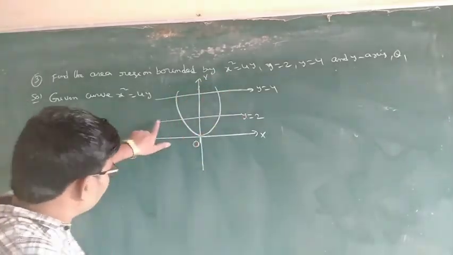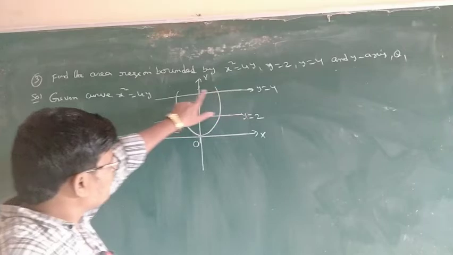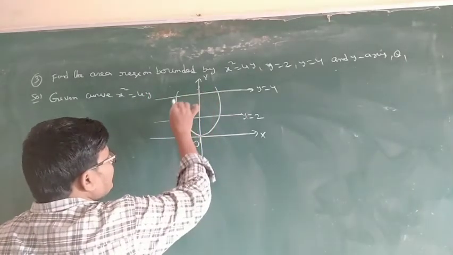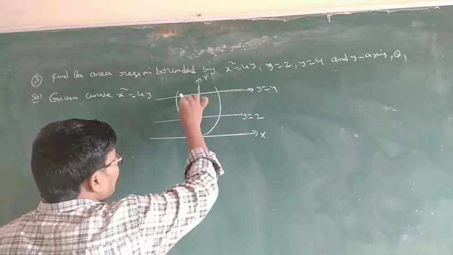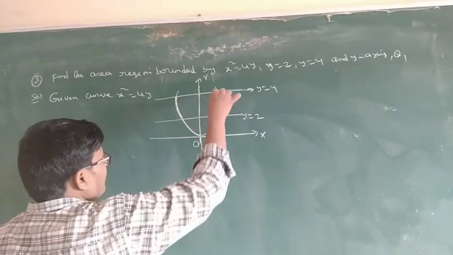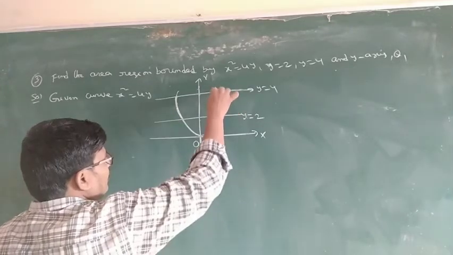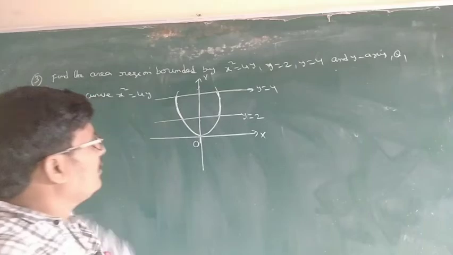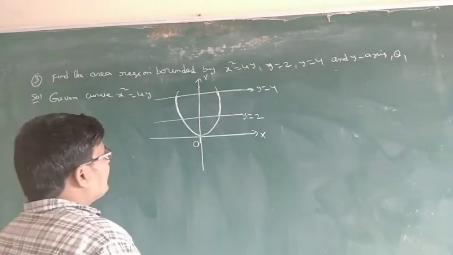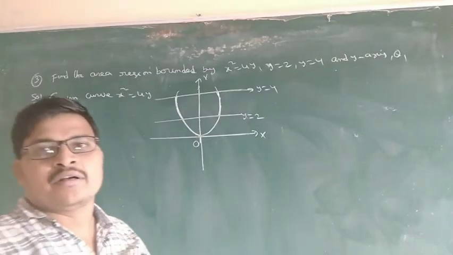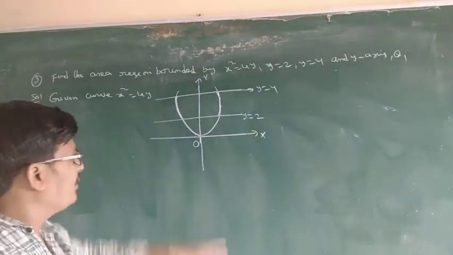The y is equal to 2 line, the y is equal to 4 line and the y-axis give the total area. The area in the first quadrant. What is the meaning of first quadrant?